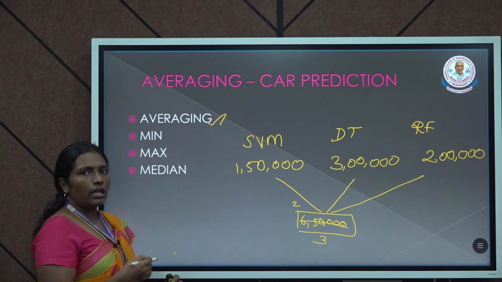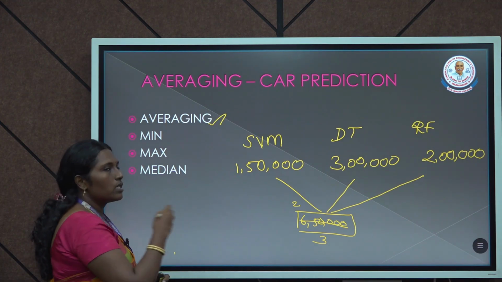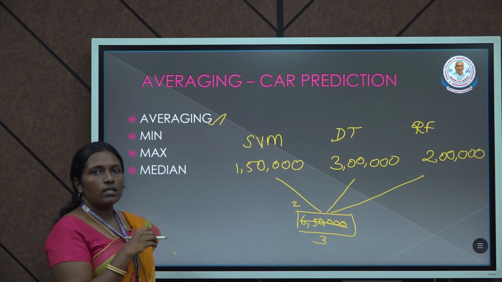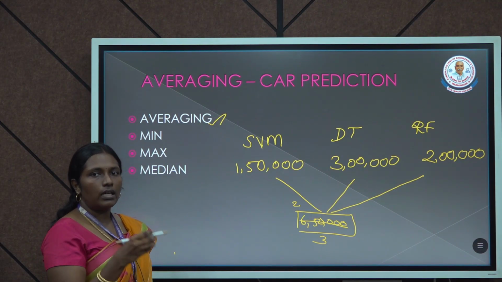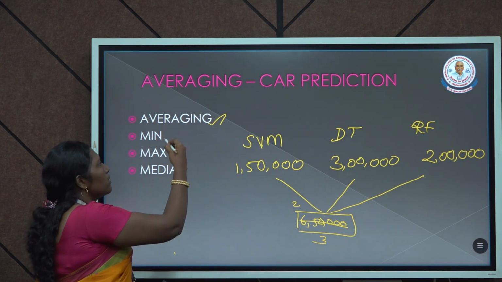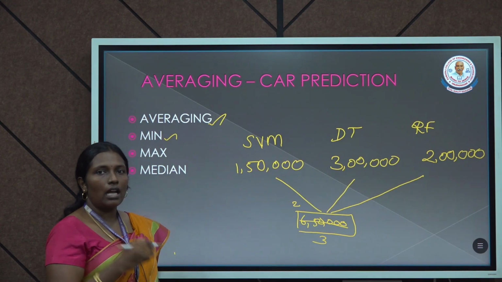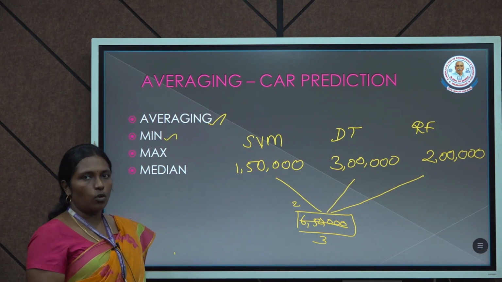In the averaging technique we will be using 3 to 4 methods. One is averaging, where we sum all those 3 values, divide, and get the output. The next is minimum. From all the meta model results I will take the minimum value as my output.